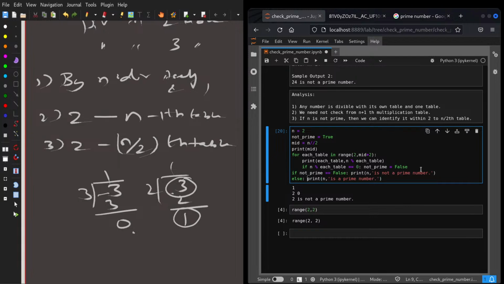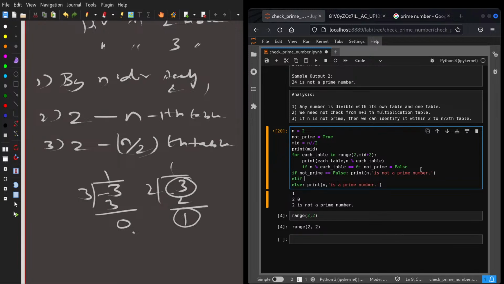Else, n less than, only if it is false it will come here, right? So whenever not prime is true, it will come to the next condition. So let's give a condition over here.